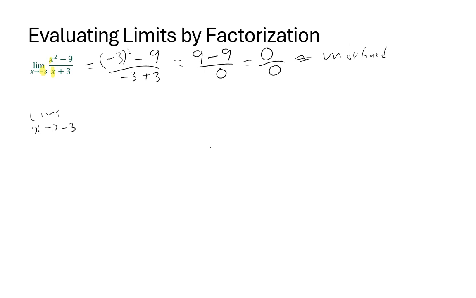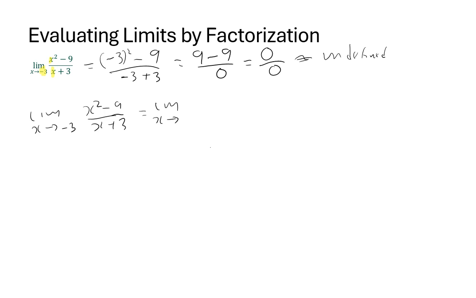Here I think we have to factorize x squared minus 9, so we have the limit of x squared minus 9 over x plus 3. Whenever you want to factorize something, you see x squared minus just a constant, try to see if you can get a square of this. What will you raise to power 2 to give you 9? I think that is 3.